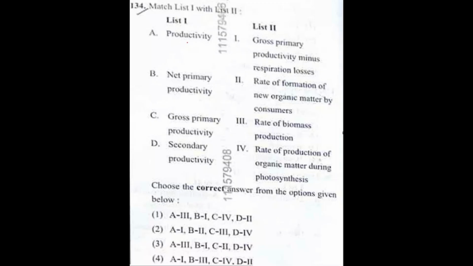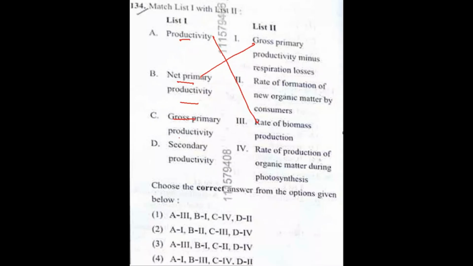Question number 134. Match list 1 with list 2. Option A, productivity. It is the rate of biomass production. Option B, net primary productivity. Gross primary productivity minus respiration losses is called net primary productivity.